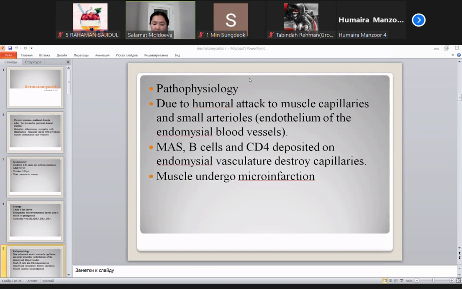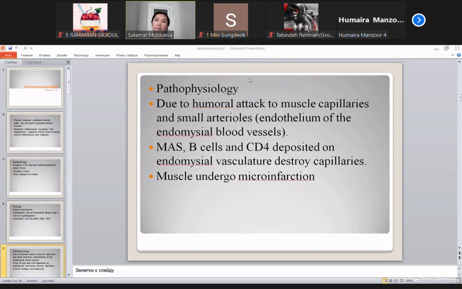Later, with persistent inflammation of muscle and skin, there will be microinfarction, a chronic inflammatory process. Later this microinfarction becomes a big infarction.